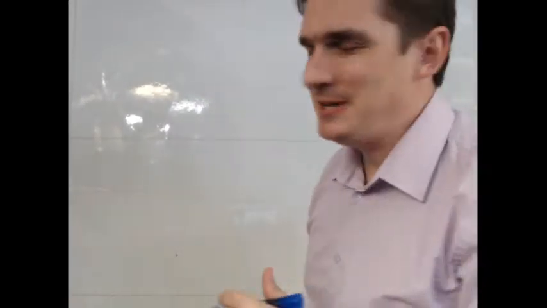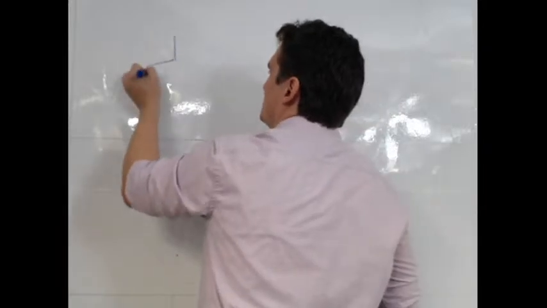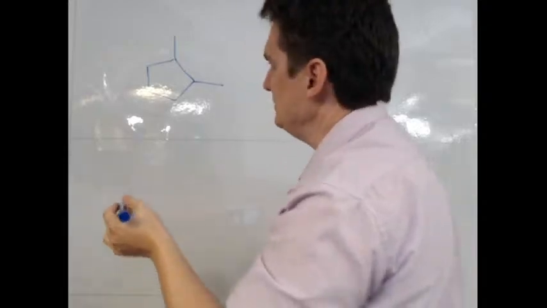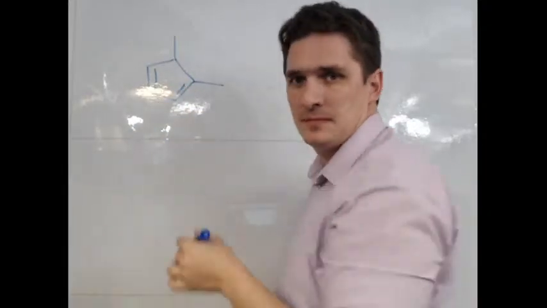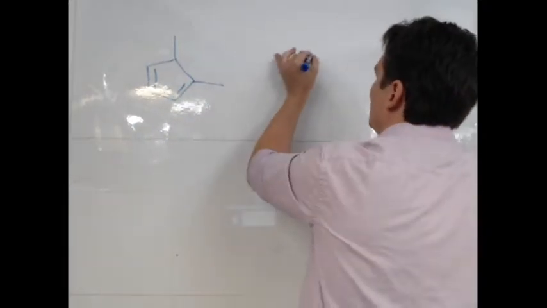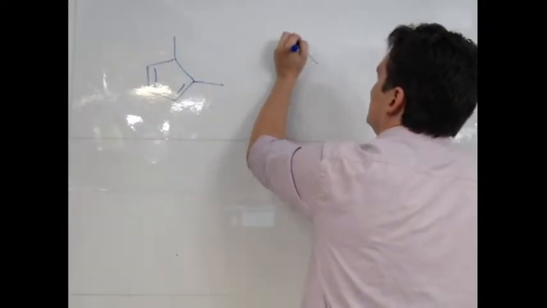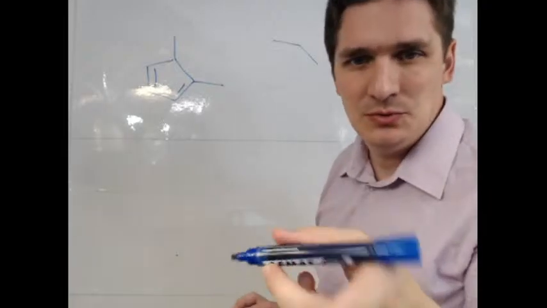So the question that's being asked is actually which of these two compounds is more acidic? Oh, that's a much easier question to answer. The trick here is the context of the problem.